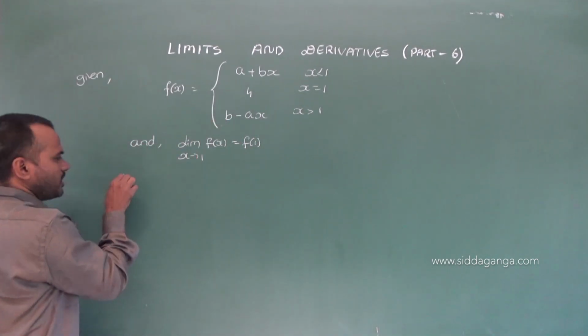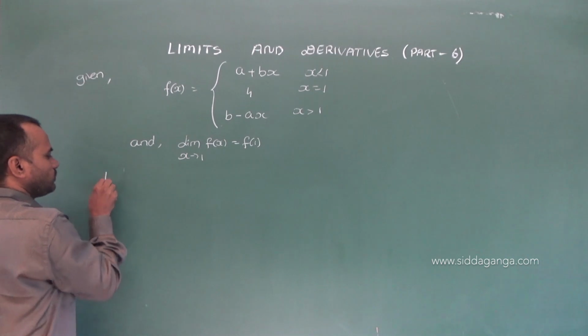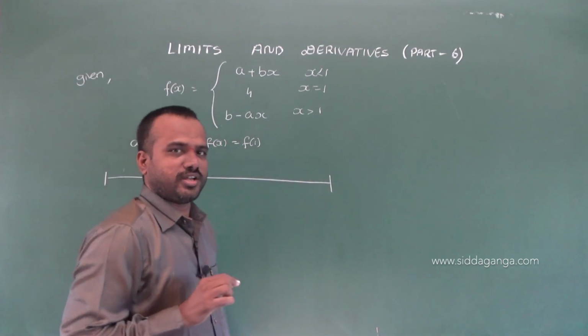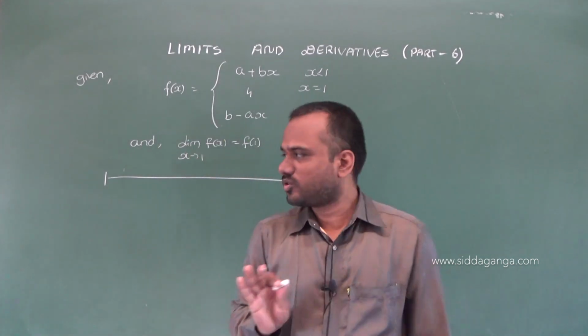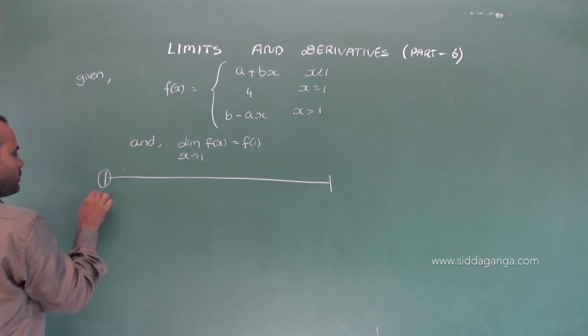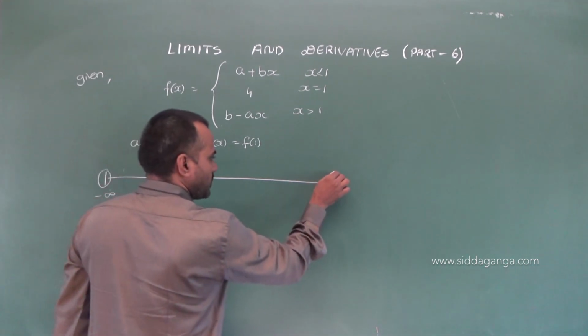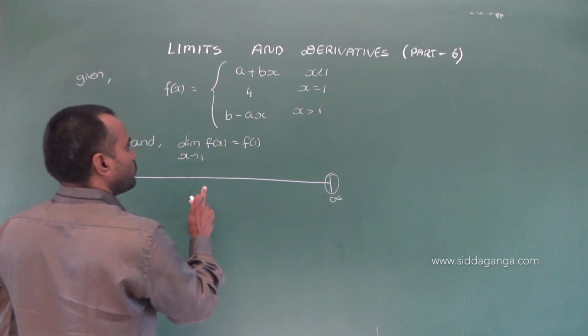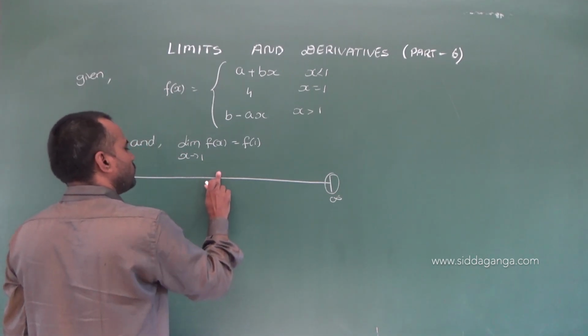For better understanding, let me draw the number line. Okay, the number line goes from minus infinity to plus infinity, and the point of interest is 1.